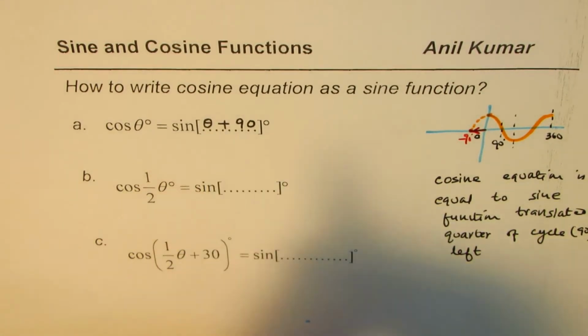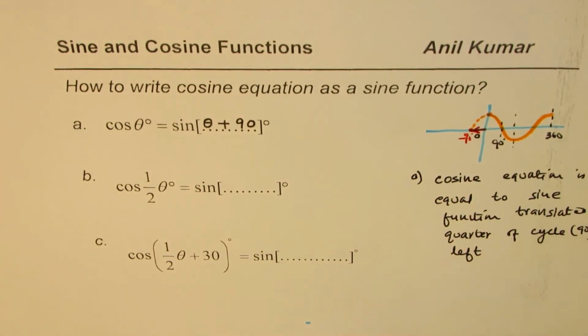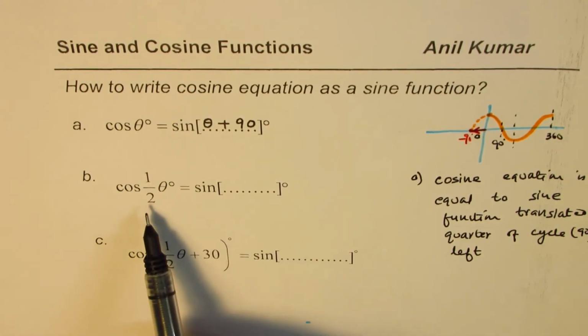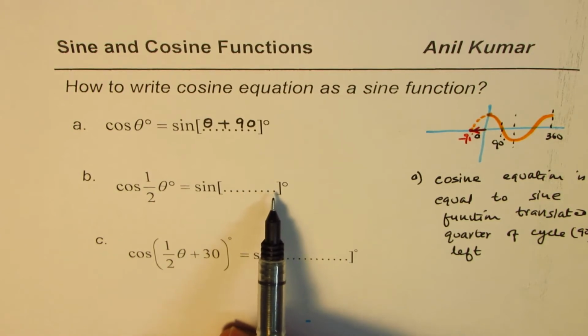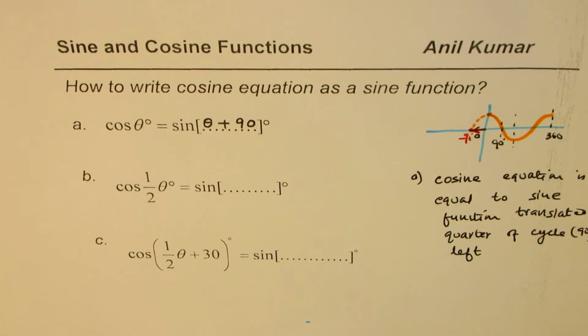So therefore we get this plus 90 with theta. So this is for case A, right? Quarter of the cycle in case A is 90 degrees. In other cases also, what you should do is find the time period, then add quarter of the time period to write cosine equation as sine function. So that's the concept. With this concept, you can actually pause the video and answer all these questions.